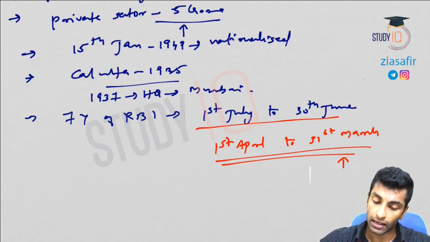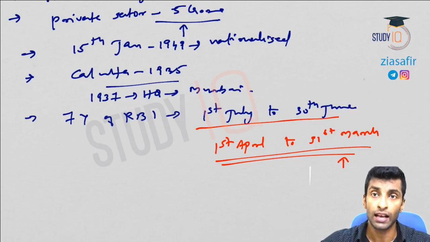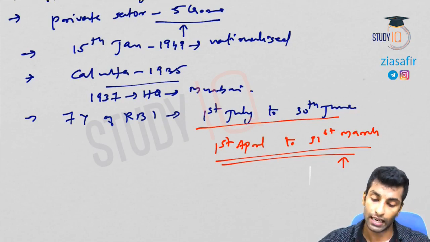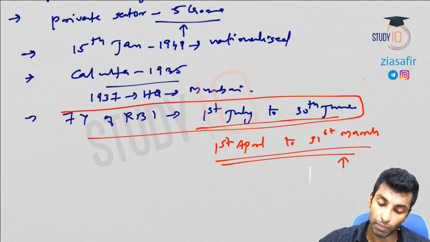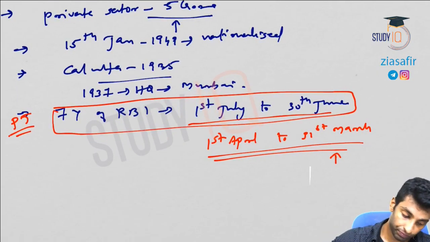So once the banks' accounts are closed on 31st March, RBI will get some time to monitor and supervise, and after that RBI can take care of its own account. Okay, so that is the rationale behind this. You need to keep this in mind. This is a very possible prelims question.